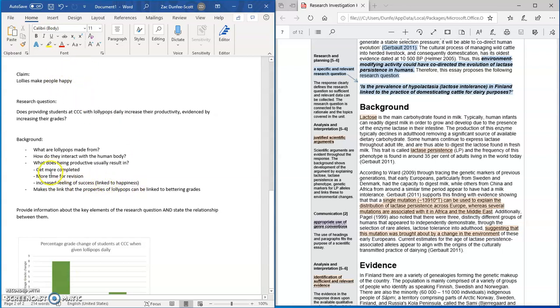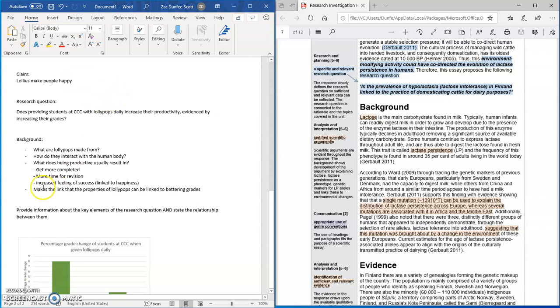So I'm giving the information here to explain this key element of my research question, productivity, explaining what it means to be productive, and I can even link this back to my claim, explaining that productivity is a measurement of happiness that we're taking with our claim.